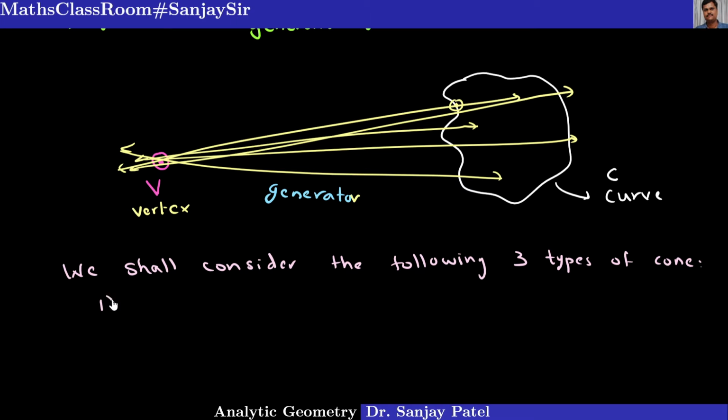The first one is cone generated by a guiding curve. This curve in the above figure is also known as the base curve because the base of the cone will be like this. It is also known as the guiding curve.